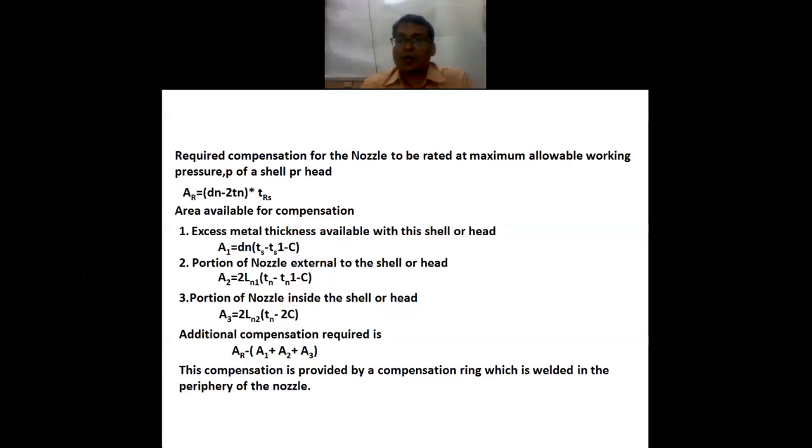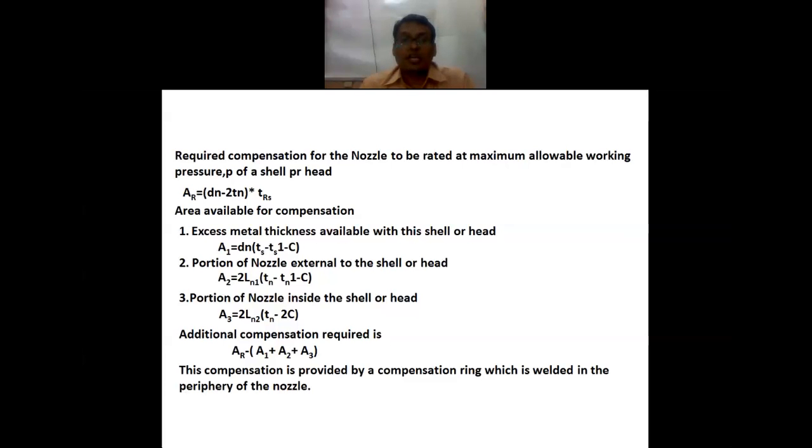The already available compensations are: one, the metal thickness available with the shell; second, the metal thickness available with the nozzle; and third, the nozzle inside the shell. So this is the already provided compensation.